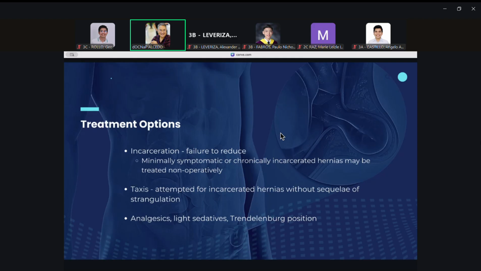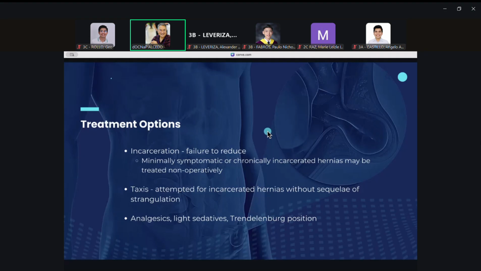So if the patient presents with incarceration and the likelihood that it is omentum is very high and there are minimal symptoms, then it can be treated non-operatively. But we still advise the patient that it's best to have it removed or repaired.